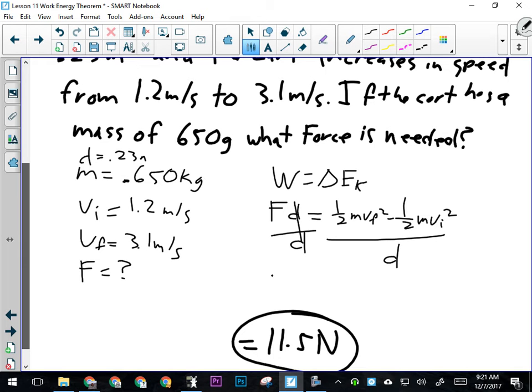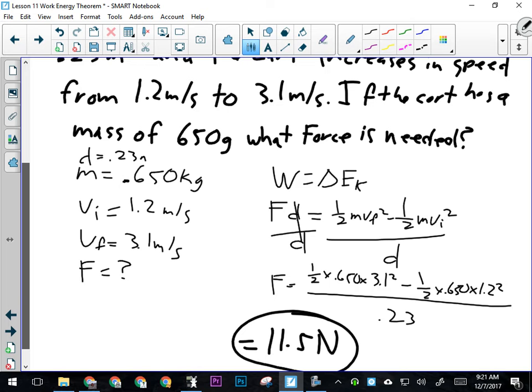So the force then is going to equal 1/2 times 0.650 times 3.1 squared minus 1/2 times 0.650 times 1.2 squared, divided by 0.23 meters.